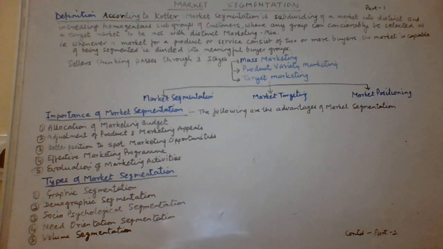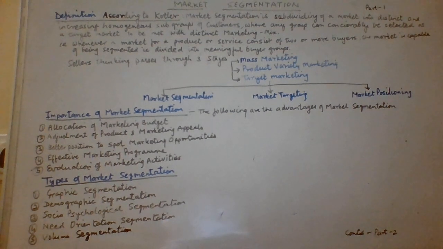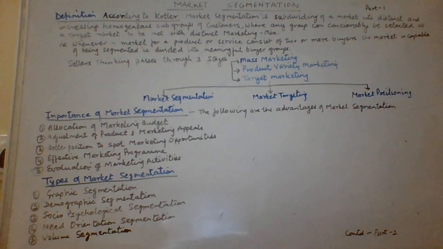The second is demographic segmentation. Demographic segmentation refers to statistical data about a group of people. We can include age, gender, income, education, family size, religion. In India, religion plays an important role because we have 4 major religions and other religions as well, so we cannot have one marketing mix as far as religion is concerned.